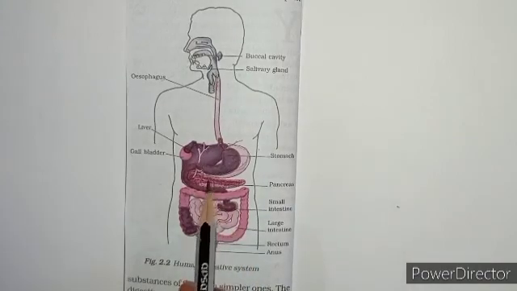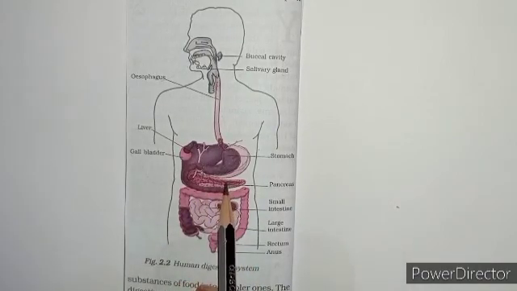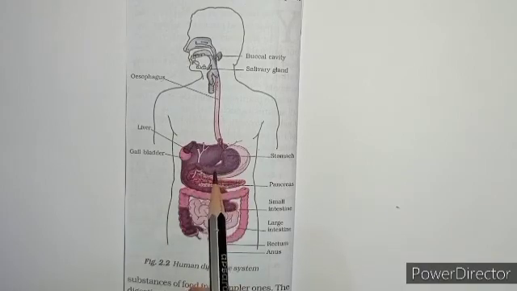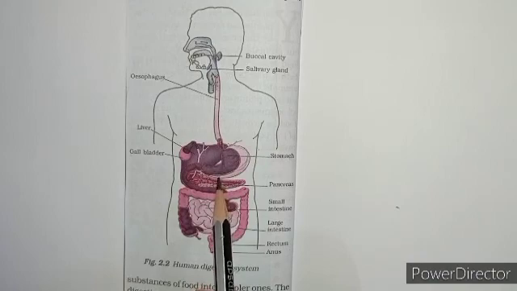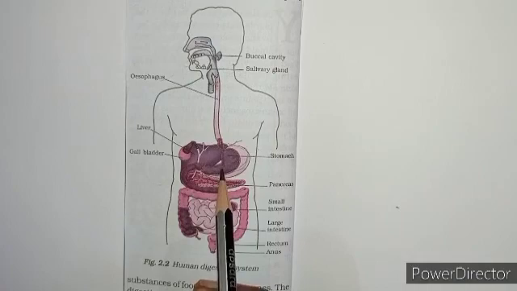Inside the stomach, the inner lining of the stomach secretes mucus, hydrochloric acid, that is HCl, and digestive juices also. The mucus protects the lining of the stomach.